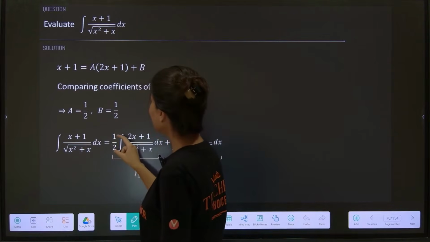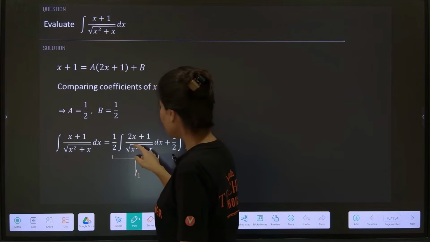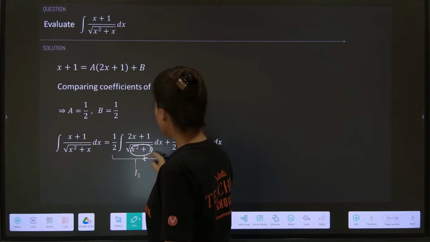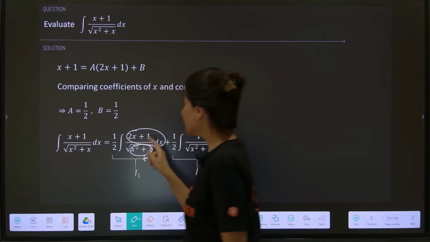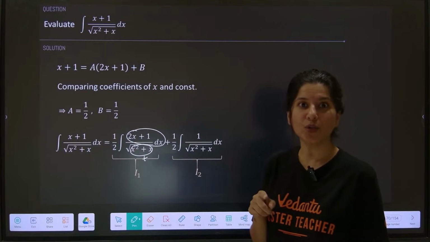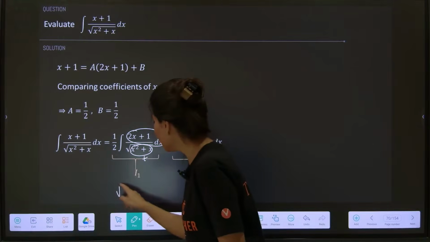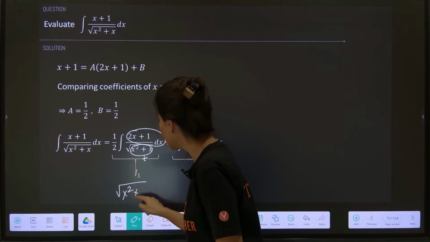So now half times 2x plus 1. If you put this as t, this will be dt. So this is 1 upon 2 root t. What is the integration of 1 upon 2 root t? It is just root t. So the answer will be directly square root of x square plus x.